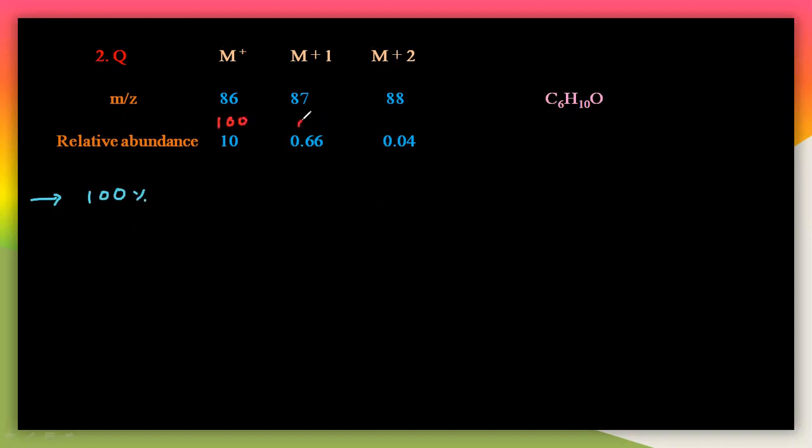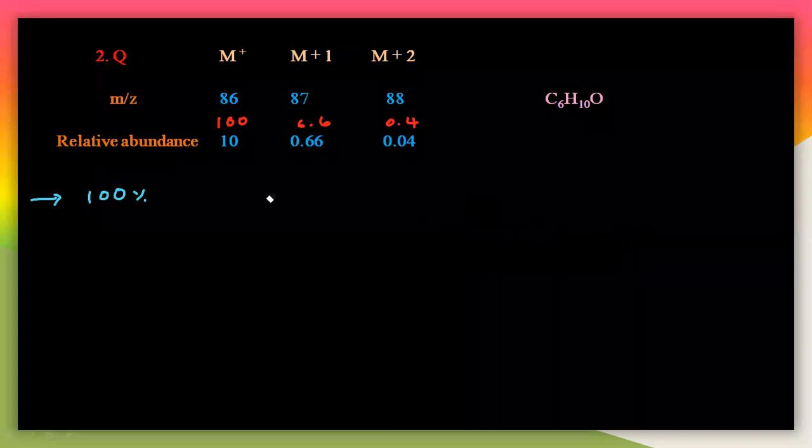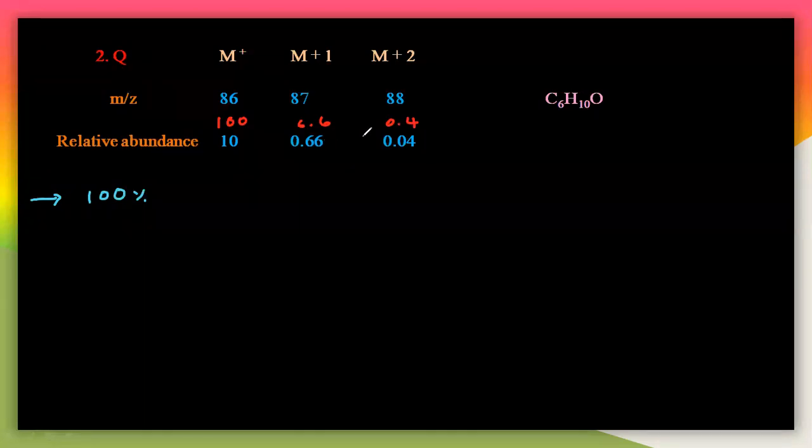Then this value will be 6.6 and this value will be 0.4. How do we know that? Very simple: 0.66 divided by 10 times 100 gives 6.6. Whenever we make it 100%, we get values like this.